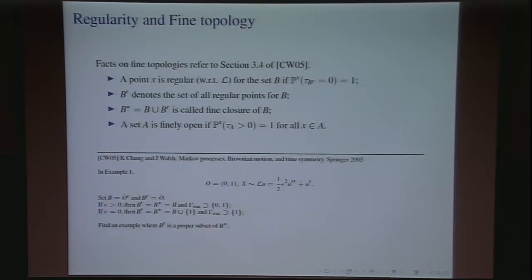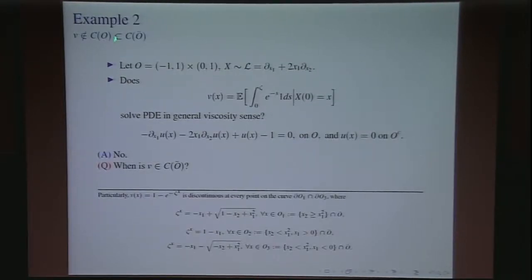So can we stop here? But given V, a value function, it's really hard to identify why it has to be continuous, which is an assumption, a sufficient condition. And we found a counterexample in a two-dimensional domain. I couldn't find a one-dimensional counterexample.